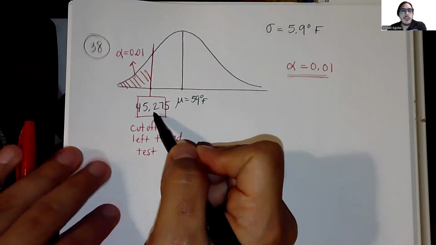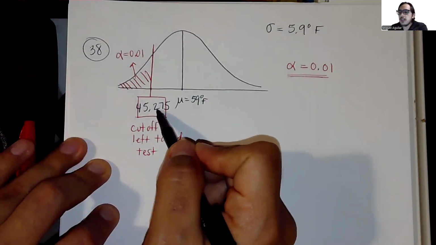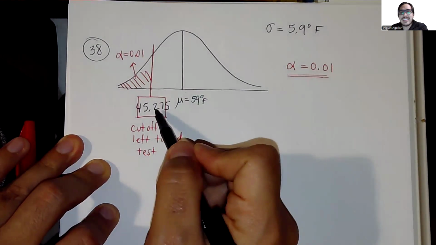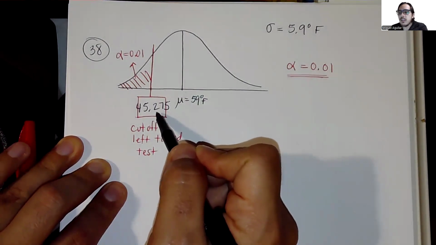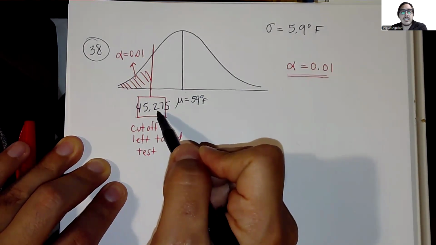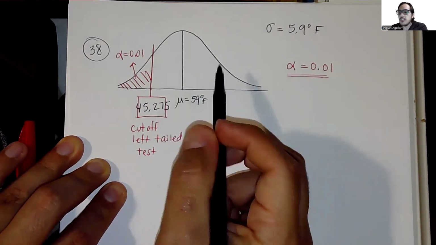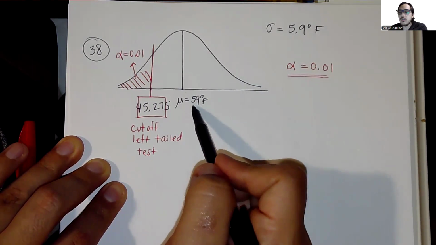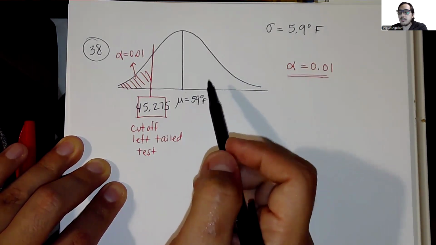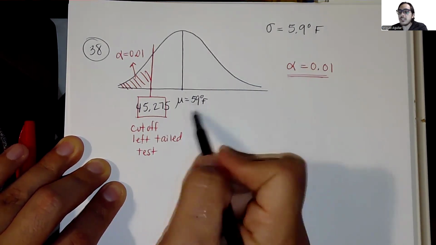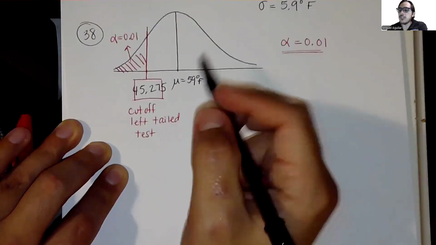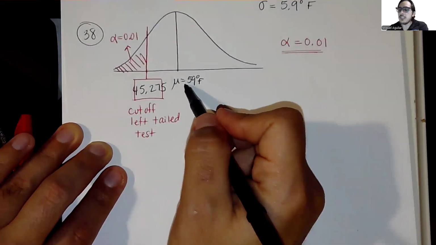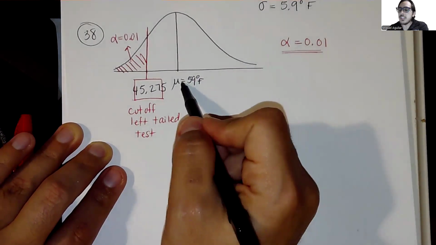But if you look at the answer choices here, we're going to need to frame this in terms of a z-statistic. We could transform this into a z-statistic by simply doing our z-score transformation. I know this is going to be changed to 0.